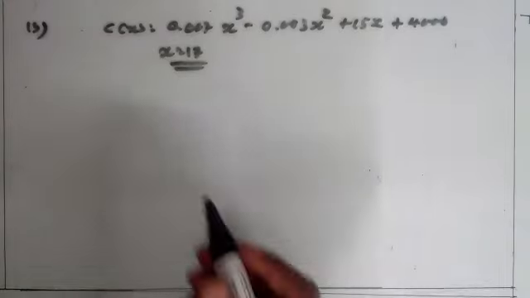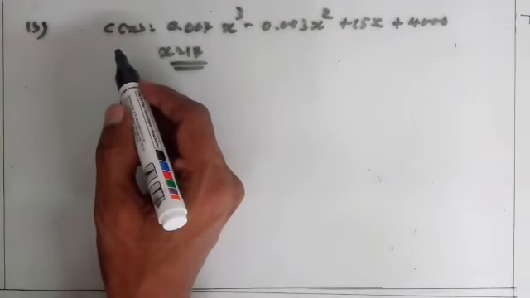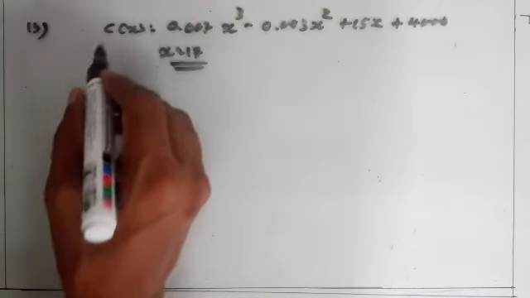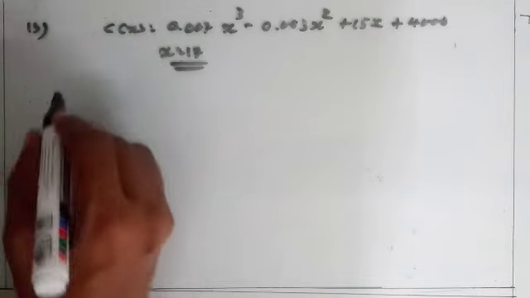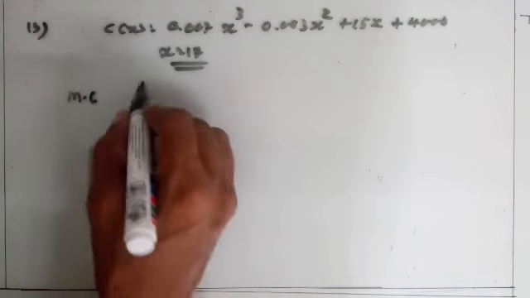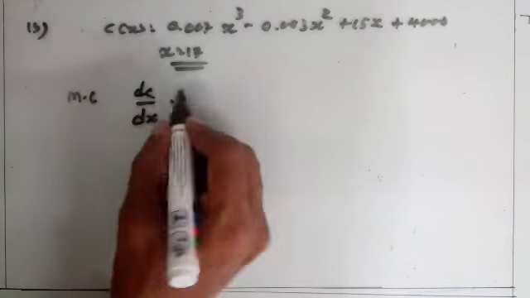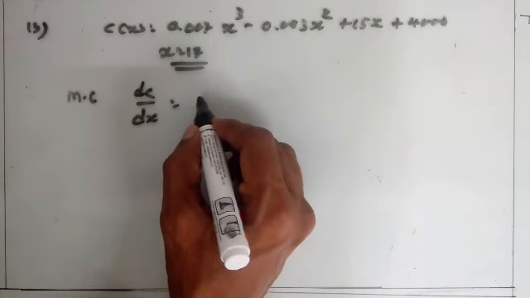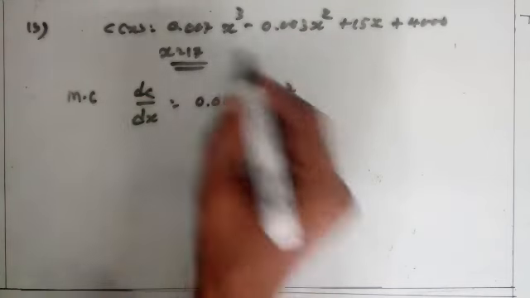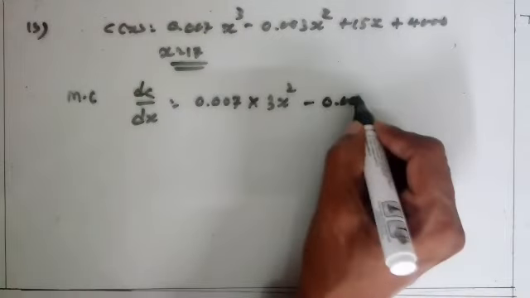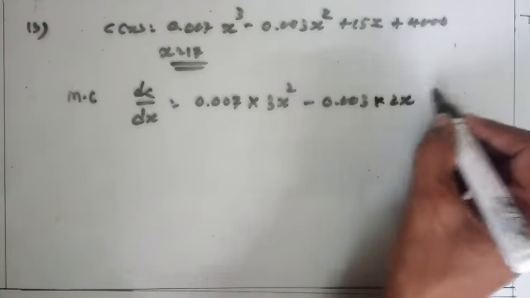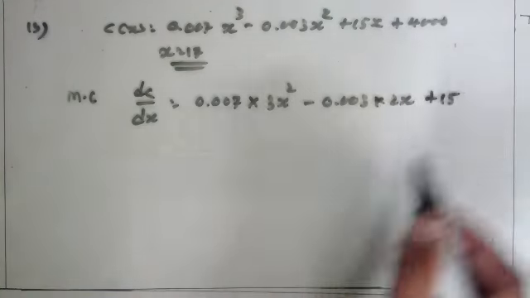Friends, you know that if a cost is given, then marginal cost is the derivative of C with respect to x. So marginal cost MC is dC/dx, which is equal to the derivative of this: 0.007 into 3x square, derivative of x raised to 3, minus 0.003 into the derivative of x square, which is 2x, plus 15, derivative of which is 0.